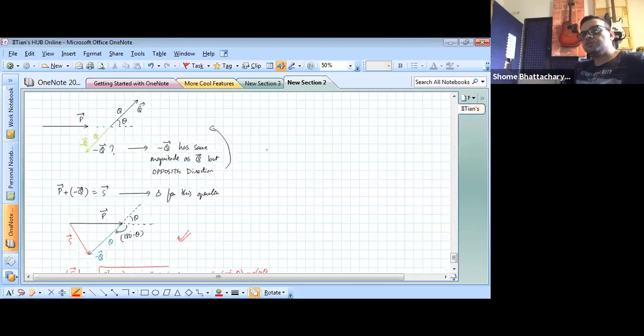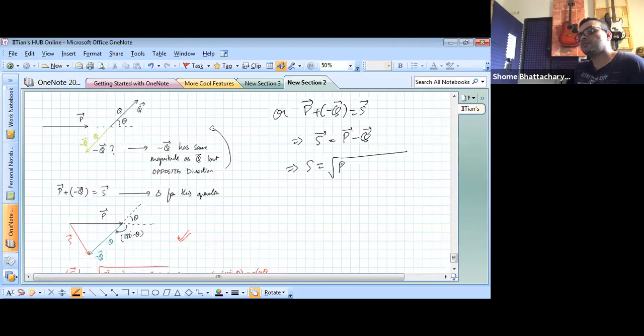Another thing you could do here directly is you could also interpret this as the difference of the two vectors. You can just directly use the triangle law for difference. Or you can also understand that P plus minus Q is equal to the vector S, which means that the vector S is P minus Q. So in a sense we have done the derivation of this formula again.